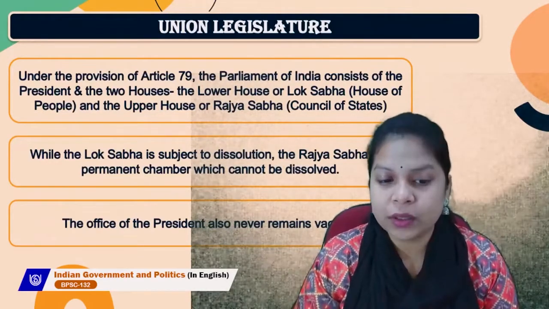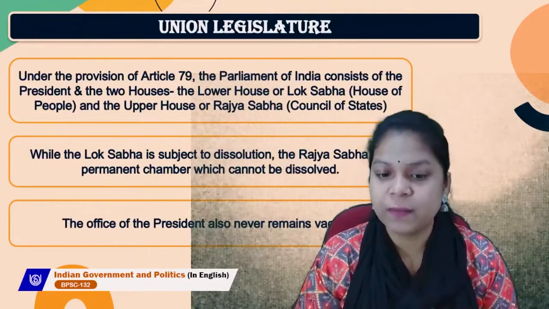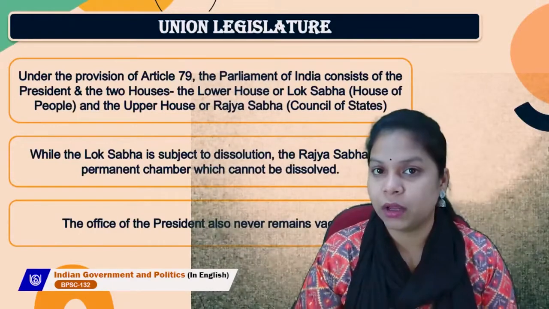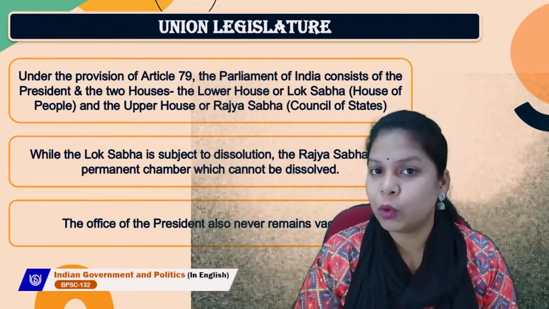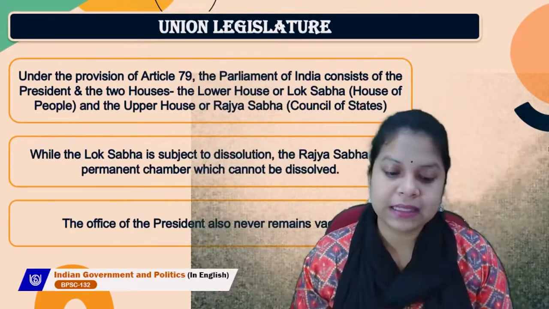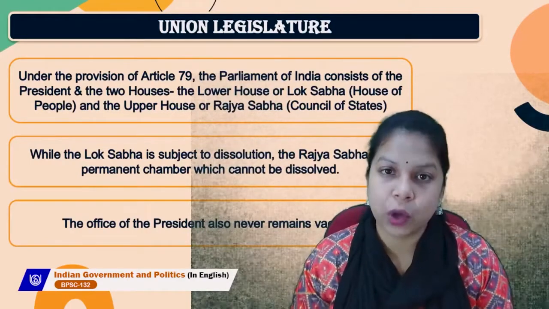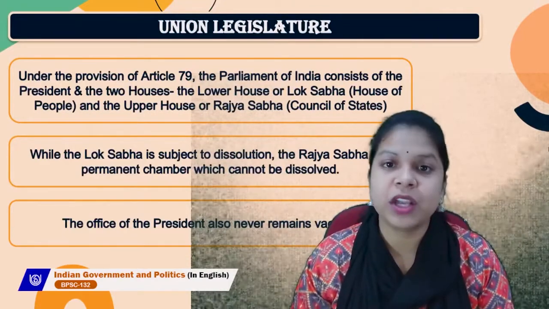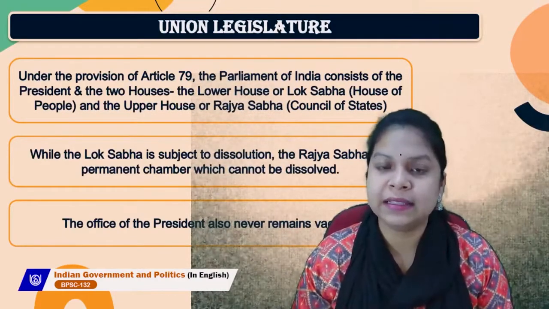While the Lok Sabha is subject to dissolution, the Rajya Sabha is a permanent chamber which cannot be dissolved. So there is a difference in the functioning of the Lok Sabha and the Rajya Sabha. Lok Sabha can be dissolved anytime, but Rajya Sabha cannot be dissolved in any circumstances.